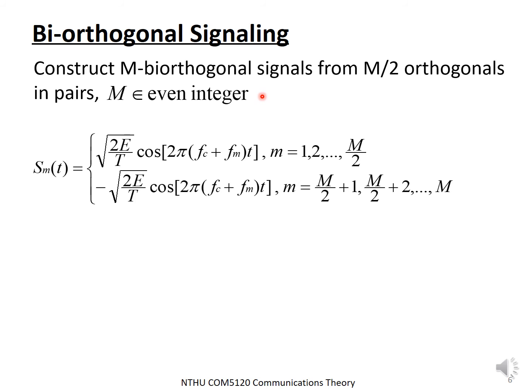So if we could still have these M different signals with only half of the bases, that would reduce the complexity of the transmitter and receiver a lot, by 50%.